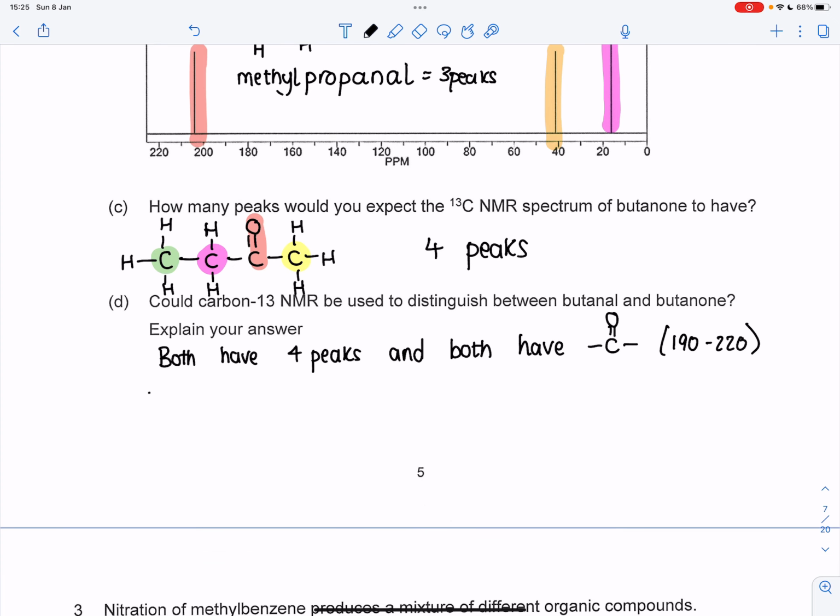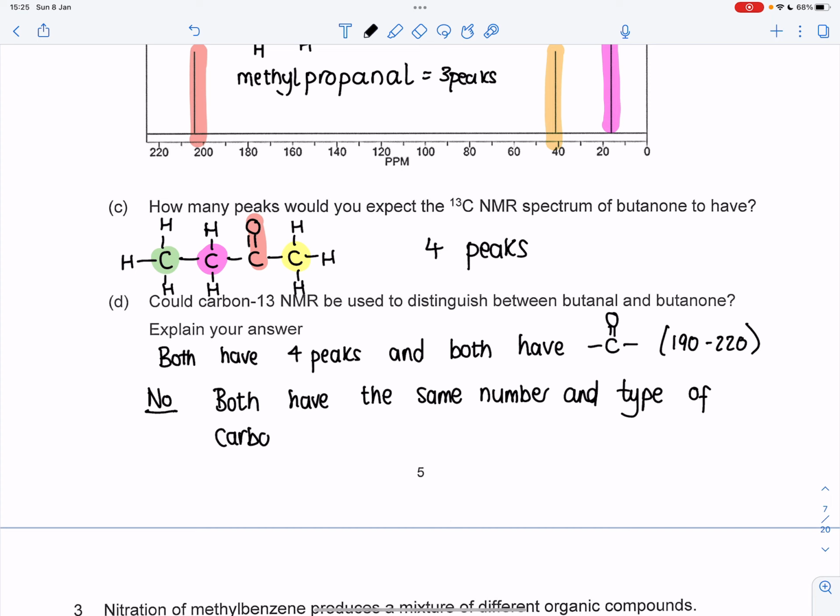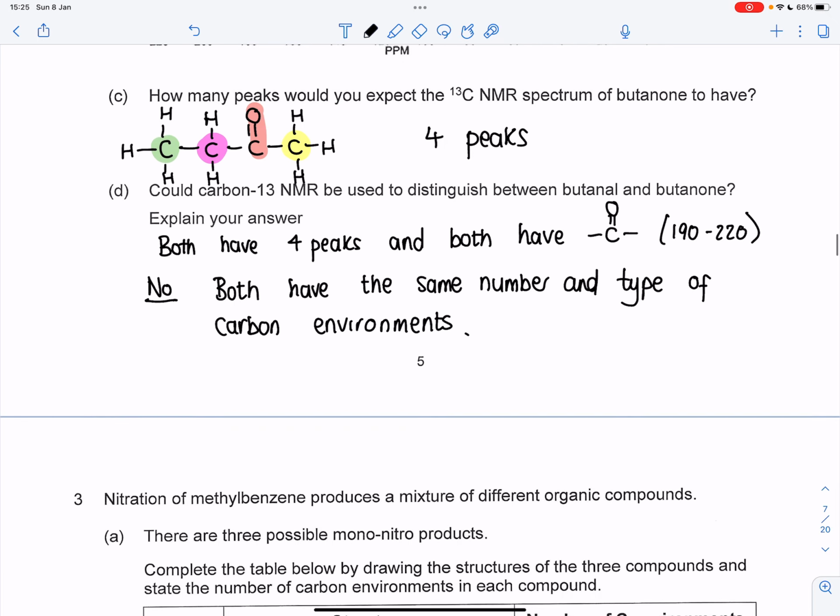And so we would say the answer to this question would be no. And the stock exam answer is both have the same number and type of carbon environments. That's our second set of examples.